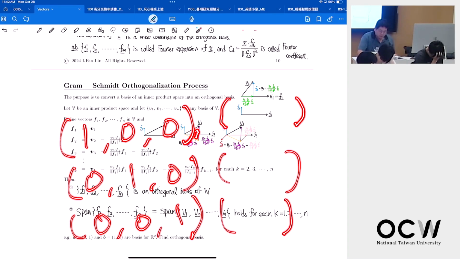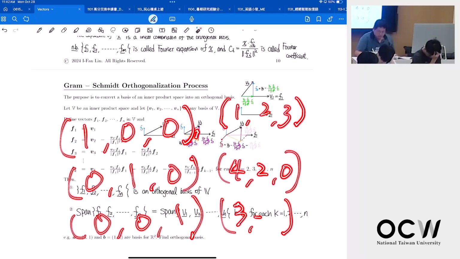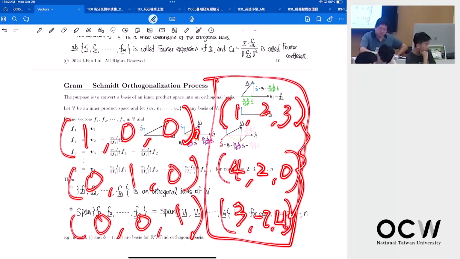So maybe (1, 2, 3), (4, 2, 0), and (3, -2, 4). Maybe these three are also bases, but they are not orthogonal. But any other vector can be expressed as a linear combination of either this basis or the orthogonal basis.